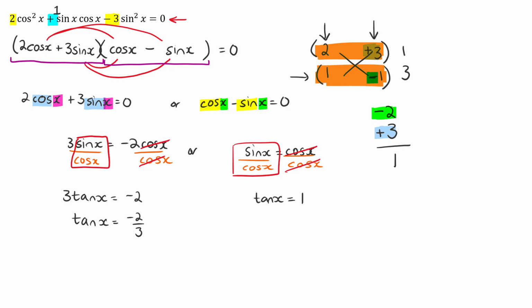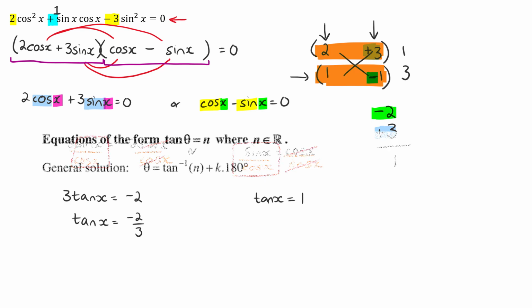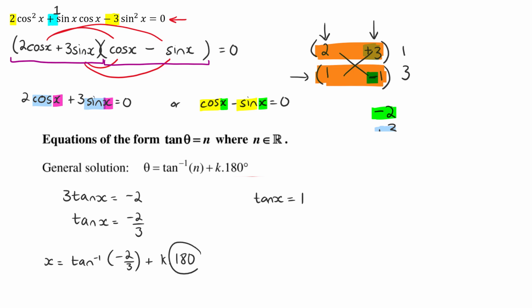And then we've got to use our tan general solution. And so our tan general solution will give us x is the inverse tan of negative 2 over 3 plus k times 180. Remember, it's 180 when we use tan. Or x is equal to the inverse tan of 1 plus k times 180. Don't forget to say k is an element of integers.